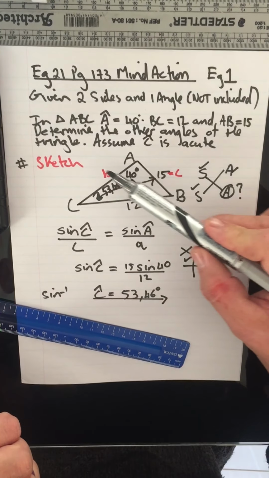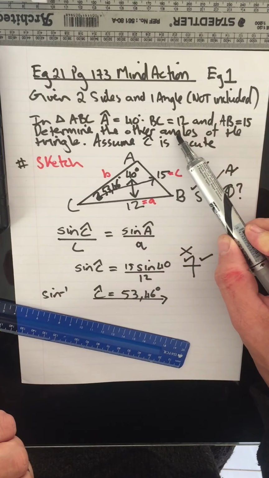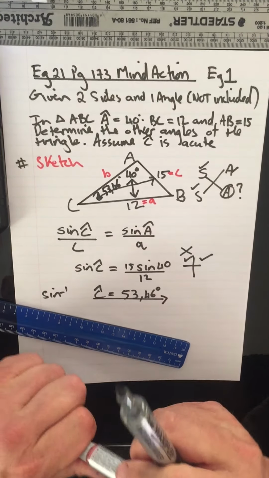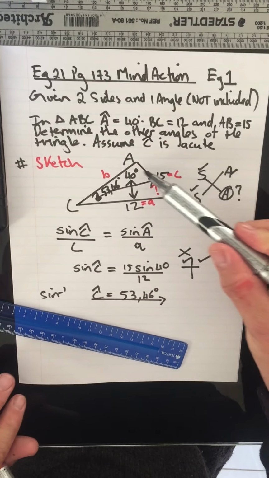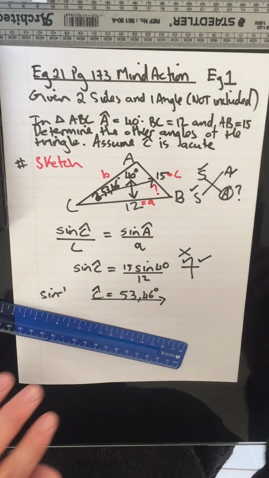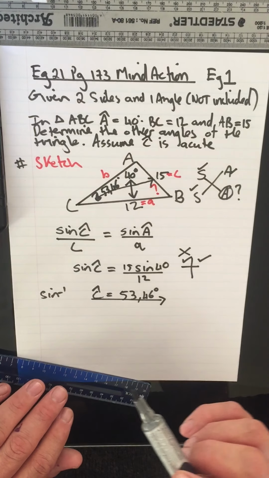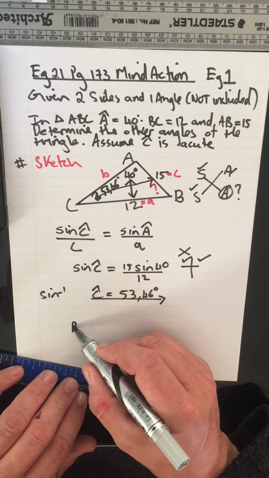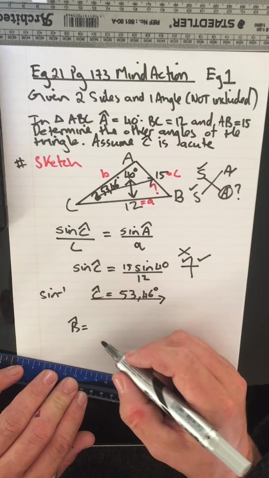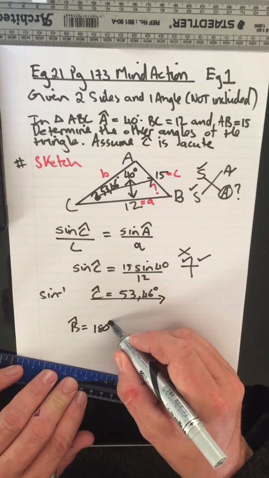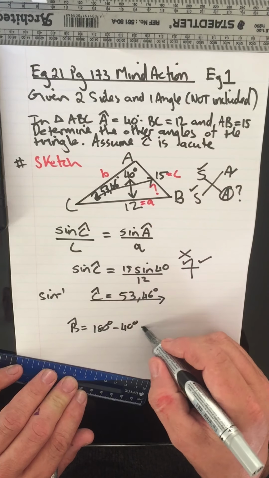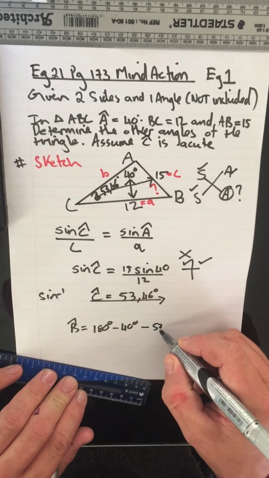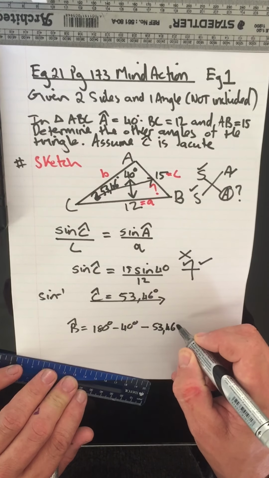What did they ask for? They asked us to determine the other angles, in other words, the other two angles. So we're still looking for B, and how we're going to solve that. It is the third angle of the triangle, which we know quite easily is 180 minus the other two. So angle B is going to equal 180 degrees minus 40 degrees minus the 53.46 degrees.